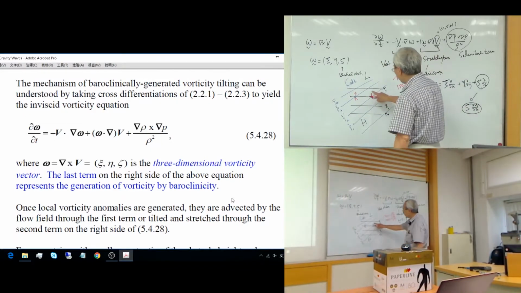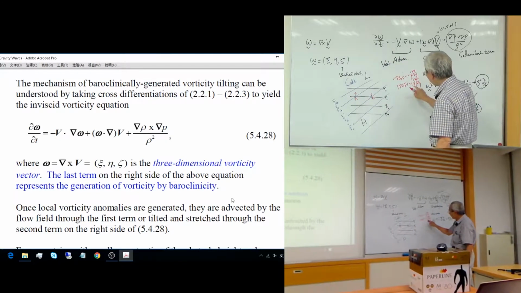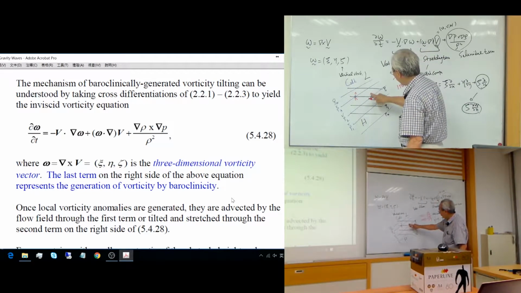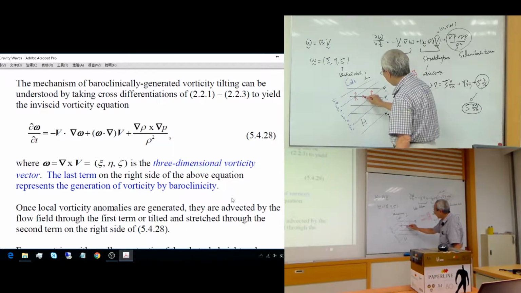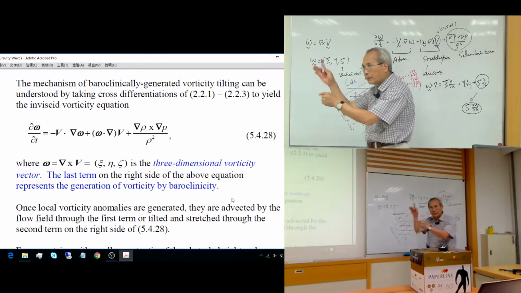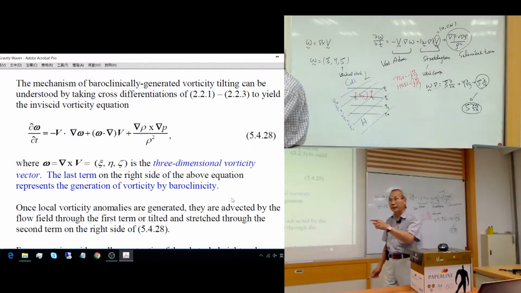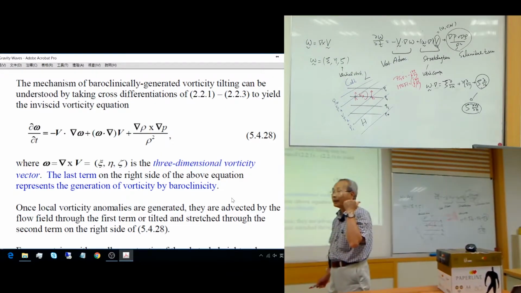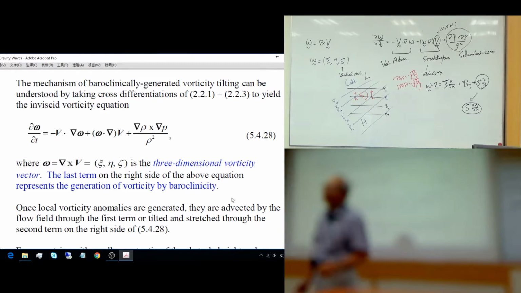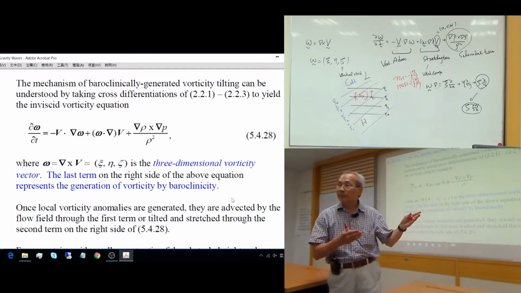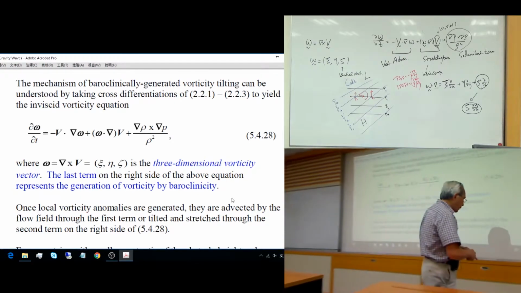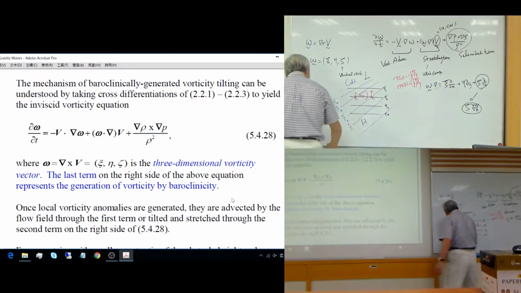That means the pressure gradient force is larger here and smaller there. So we are going to have rotation, vorticity generated by what is called the solenoidal term.